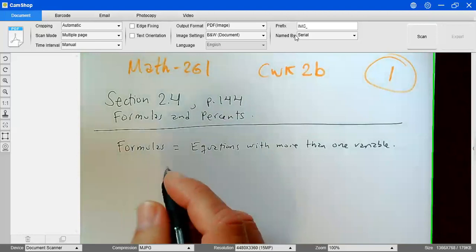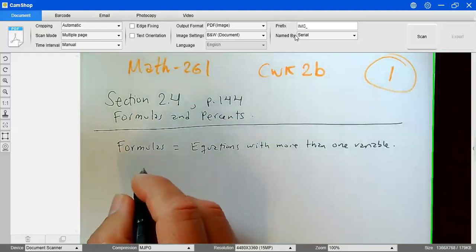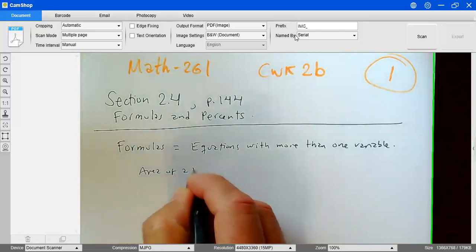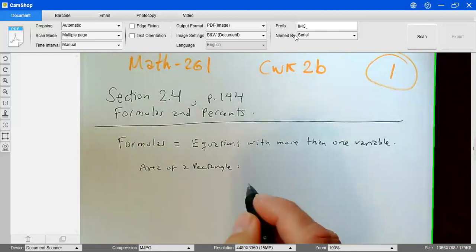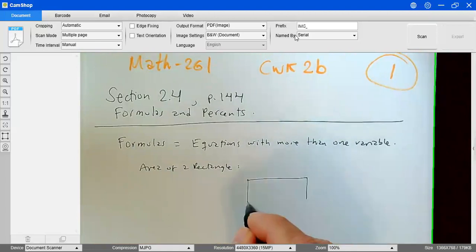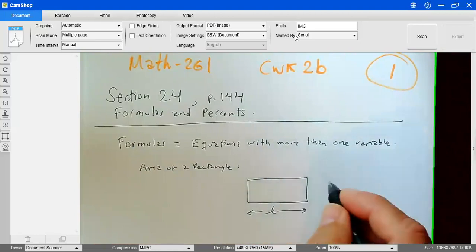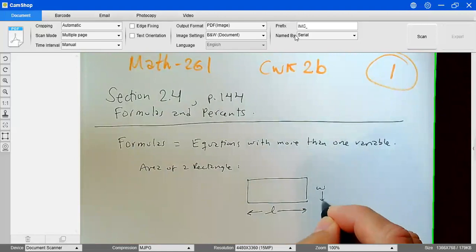So for example, you can find the area of a rectangle by using a formula. So you know that if you have this rectangle and this is the length, we use an L for length and a W for width.